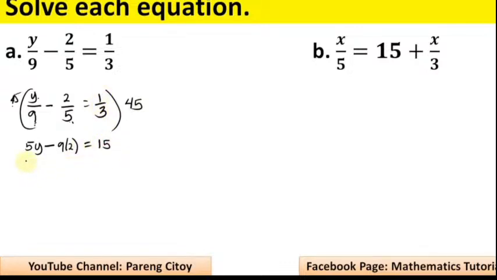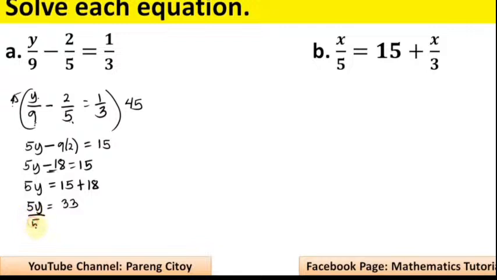Then simplify 5y subtract 18 equals 15. Then find the value of y. So 5y equals 15 plus 18. When we move the negative sign to the other side, it becomes positive. So 5y equals 15 plus 18, that is 33.